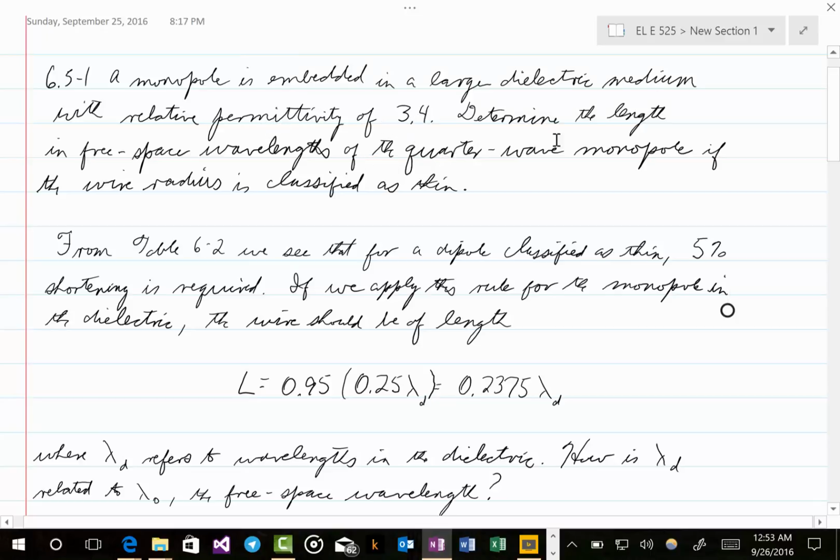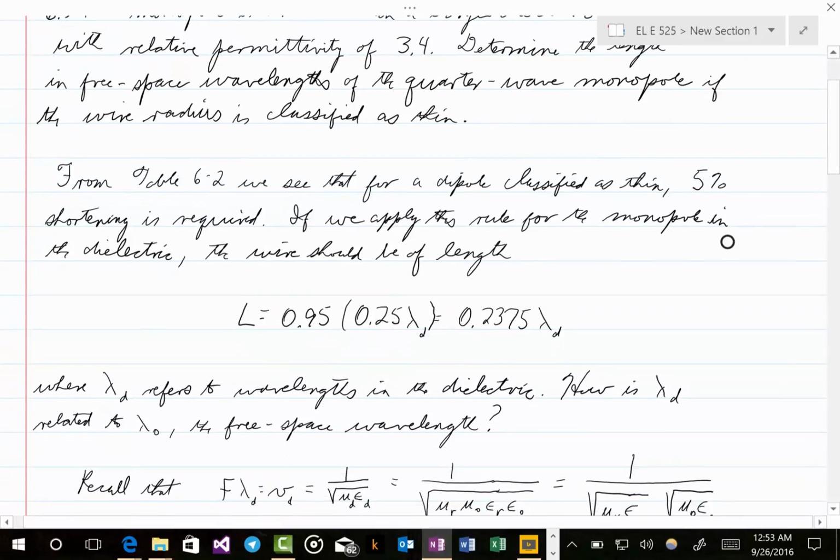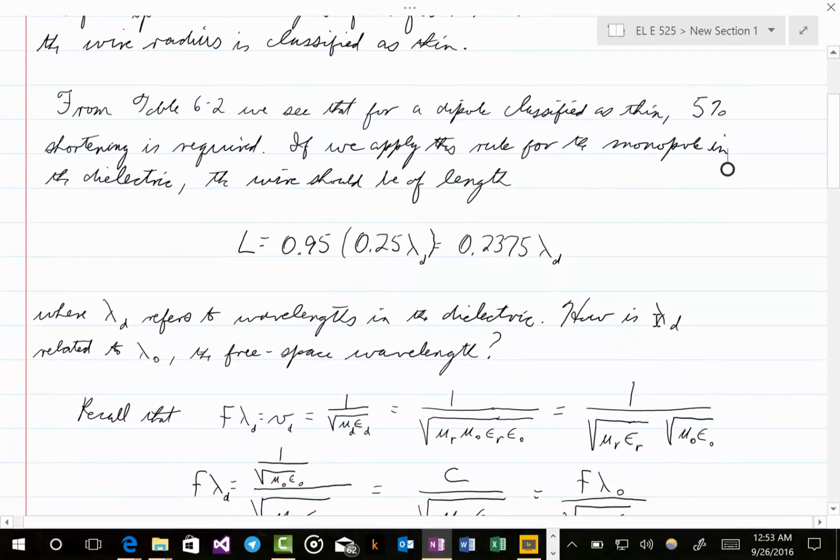However, the question was to determine the length in terms of free space wavelengths. So the final step in this problem is to convert this length, which is given in terms of wavelengths in the dielectric, to wavelengths in free space. And so that's the question that's posed right here. How is lambda d related to lambda naught, the free space wavelength?